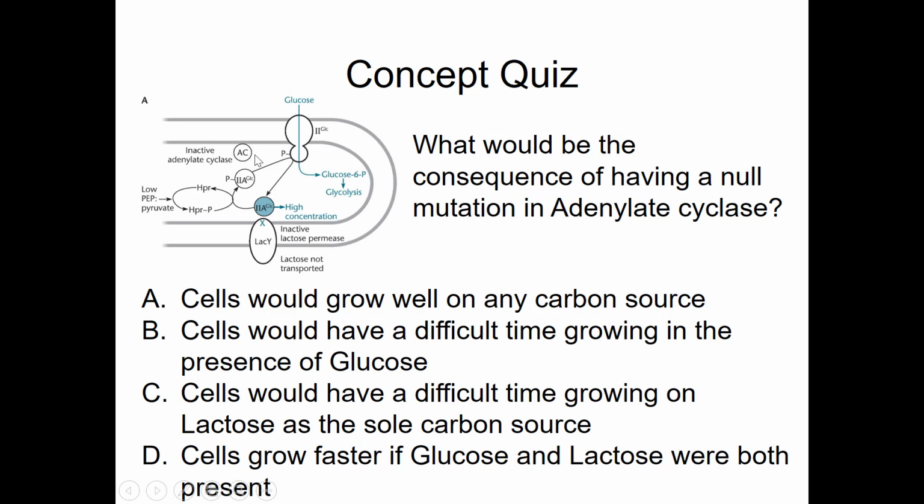So if adenylate cyclase is not present in the cell, it could never, under any condition, generate cyclic AMP. So if it's not generating cyclic AMP, it's going to have a difficult time metabolizing alternative sugar sources. So in this case, the correct answer is C. Cells would have a difficult time growing on lactose as the sole carbon source. Again, because it will be unable to activate the expression of the LAC operon, which is necessary to metabolize lactose.